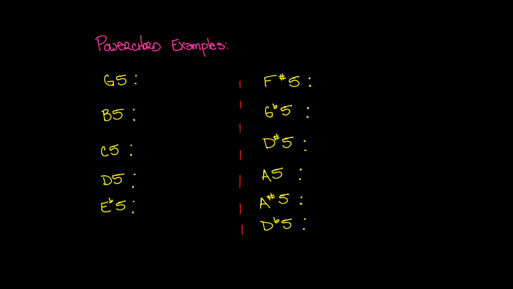And so the notes that would be included in here for these power chords would be G and D, all right? And then here we would have B and F sharp. Here we would have C and G, D and A, E flat and B flat, okay, F sharp.